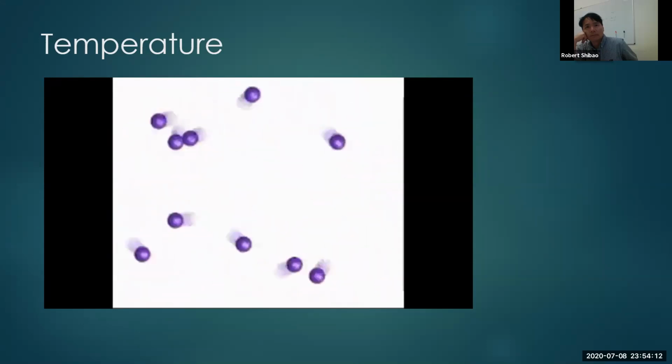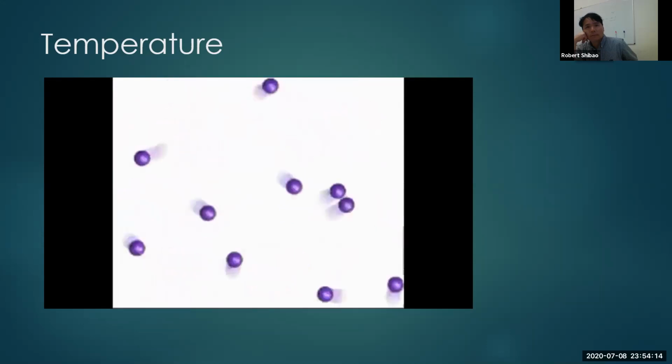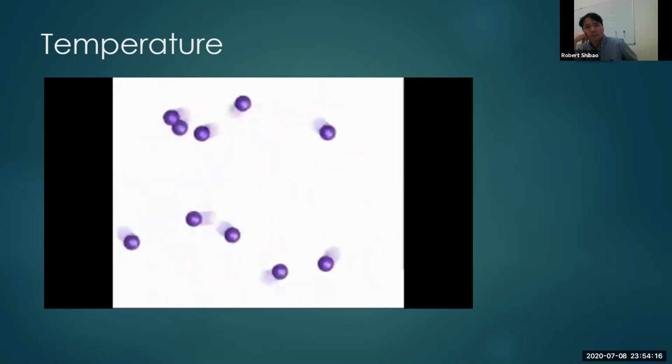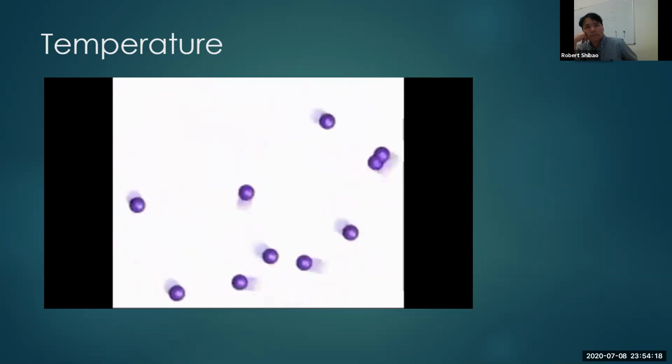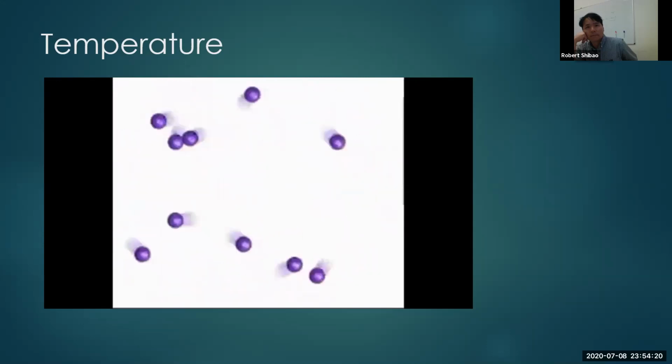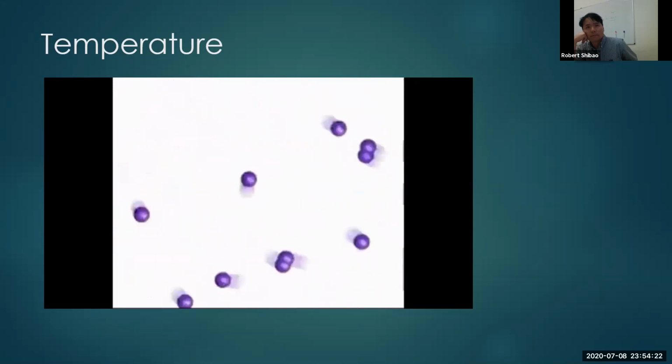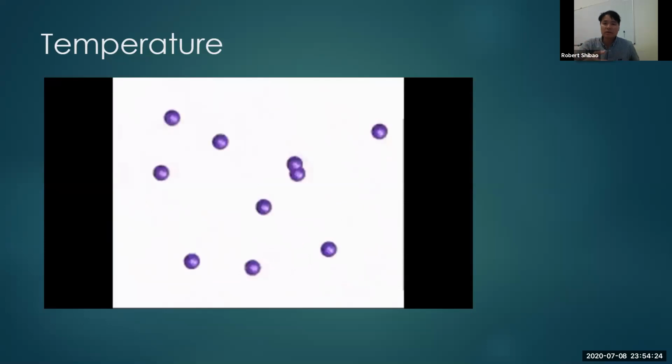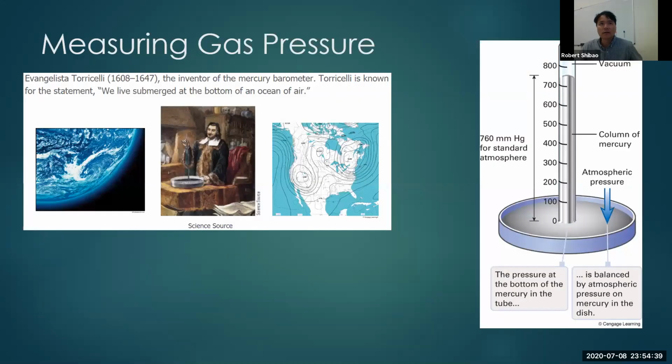In addition, because the molecules move faster, the number of collisions between gas molecules and the container walls increases, and therefore, so does gas pressure. So the higher the temperature, the greater the pressure. One, more collisions per second. That's called collision frequency. And two, more violent collisions because they're moving faster. Higher temperature, we're going to come back to that later.